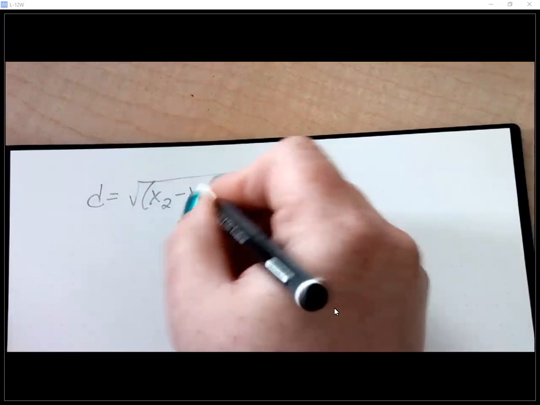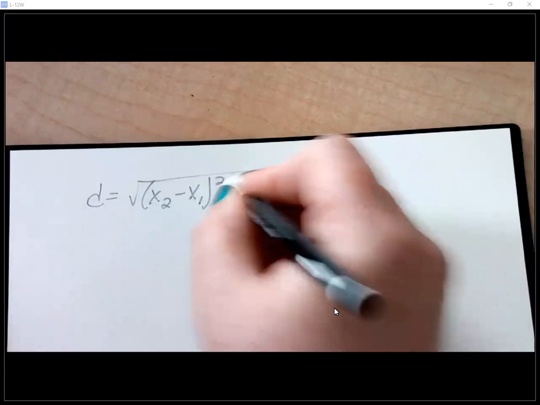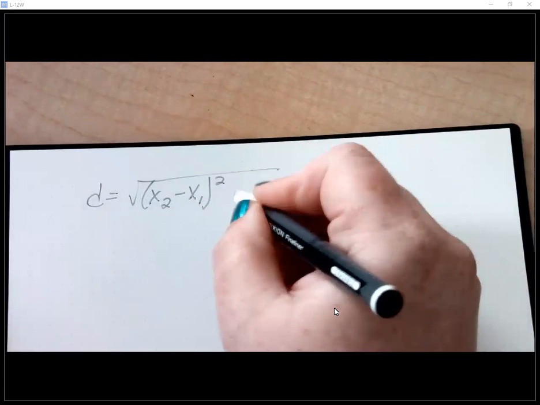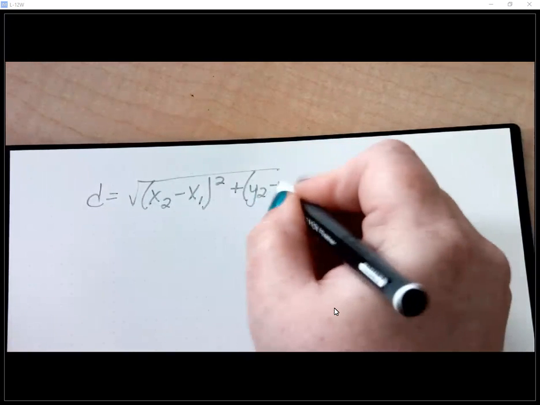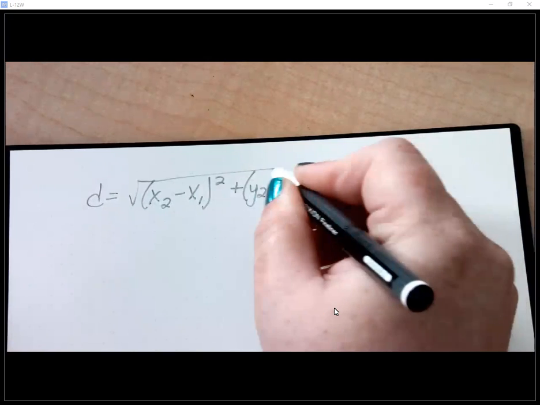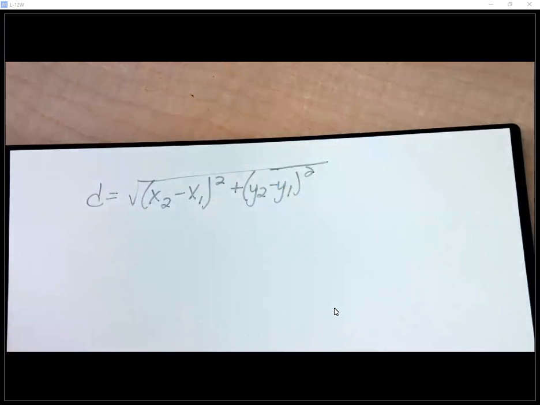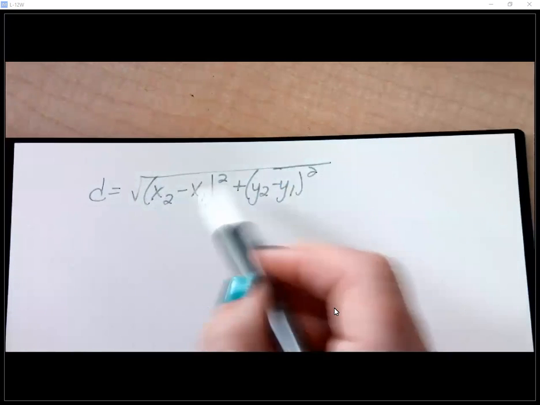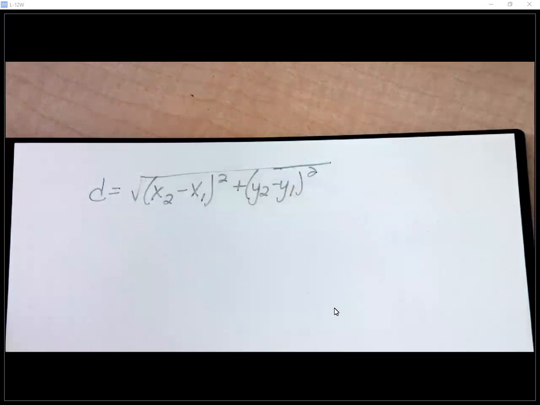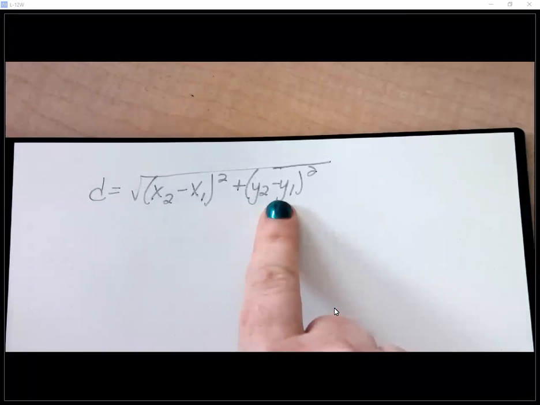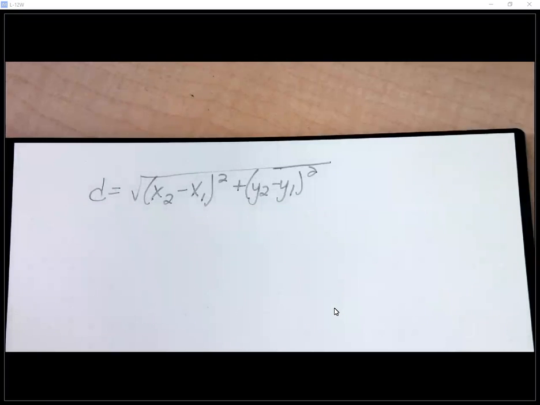Great question, and the answer is no. I don't know if everybody heard his question, so let me reiterate it because it's a good question. Here's the formula. He said, look, you're squaring this and then you're taking the square root of it. Don't they just cancel out? That is a mistake a lot of kids make, and it doesn't work that way because you're adding these two things. When you have a big old square root, it works like another set of parentheses.